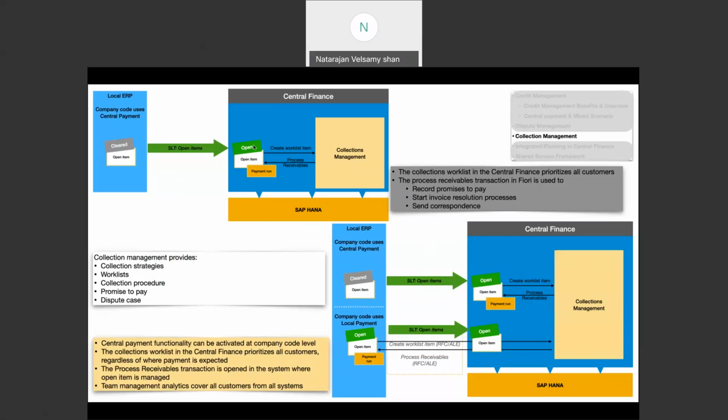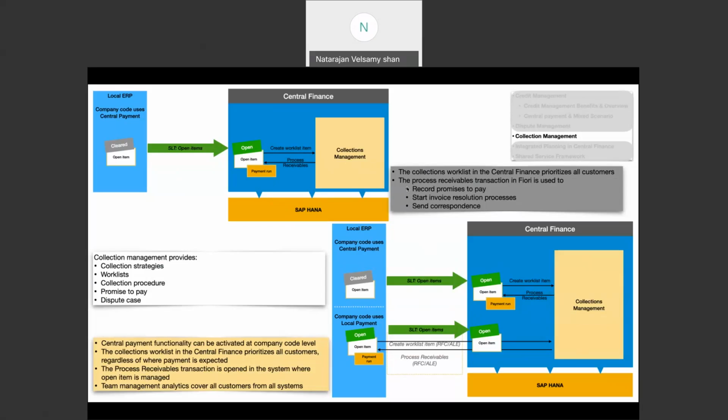When it comes to the central payment functionality, the collection work list in central finance prioritizes all customers: from whom to collect, and in which order to collect.